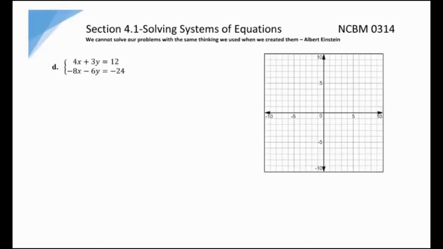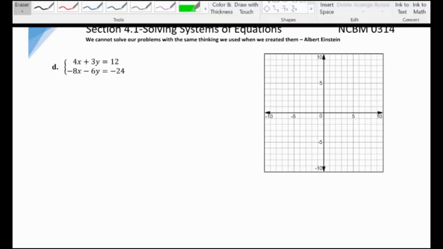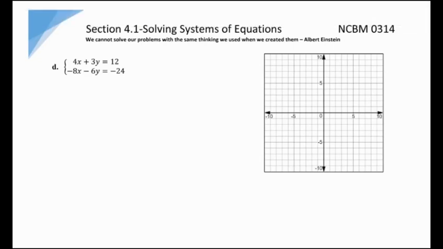Example D, we have 4x plus 3y equals 12. We subtract 4x on both sides. So we have 3y equals negative 4x plus 12.